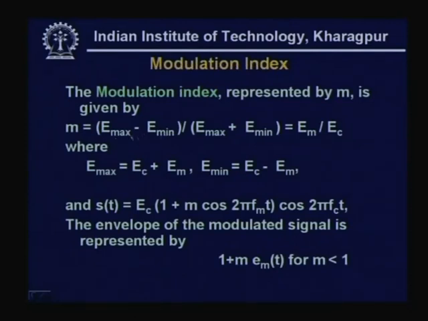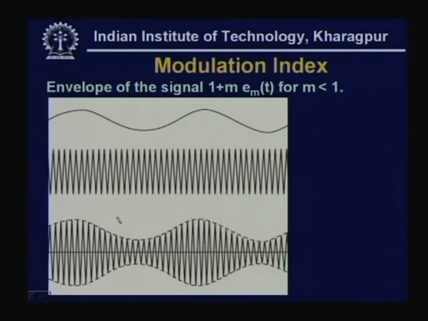Then as you can see here, E_max is equal to E_c + E_m. That means, this maximum amplitude will be equal to E_max, which is equal to E_m + E_c. On the other hand, this minimum amplitude will be equal to E_min, which is equal to E_c − E_m.